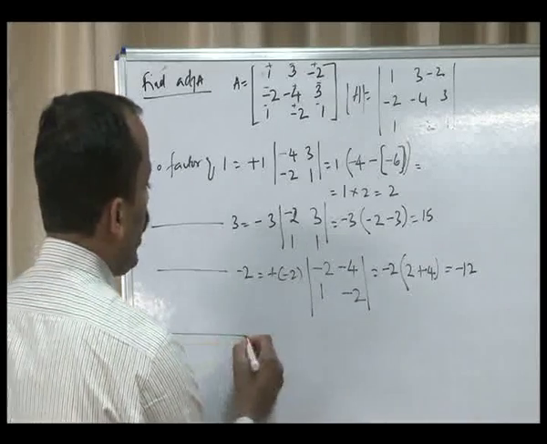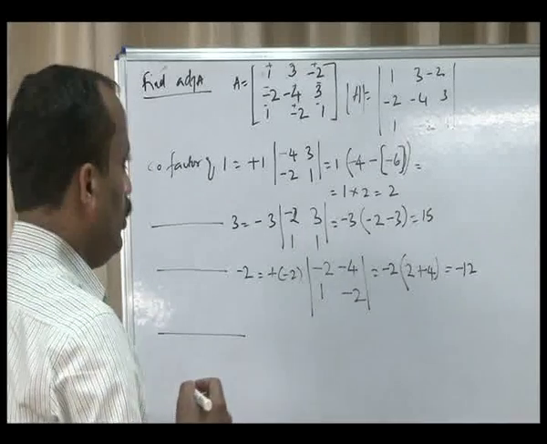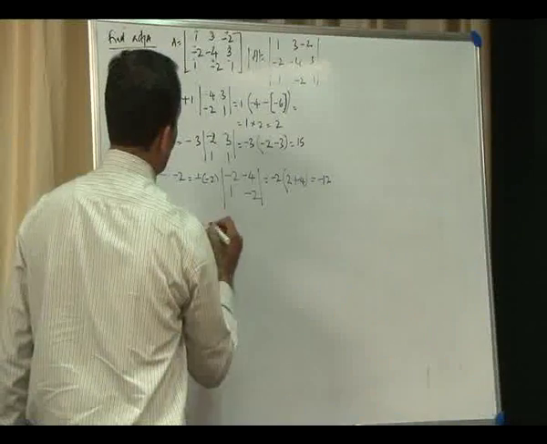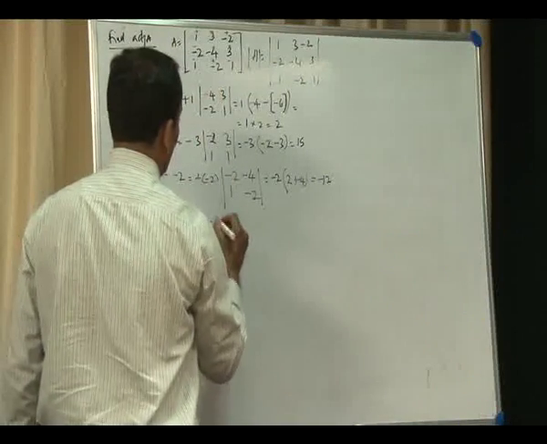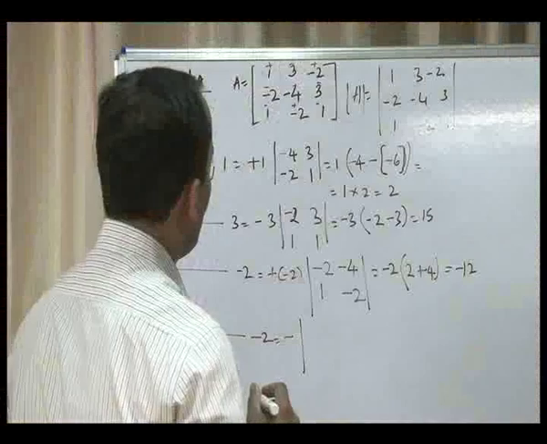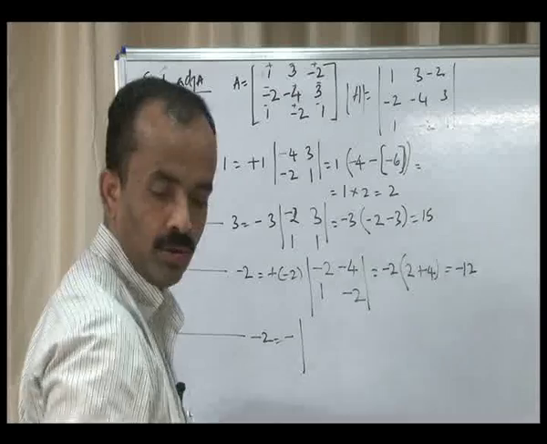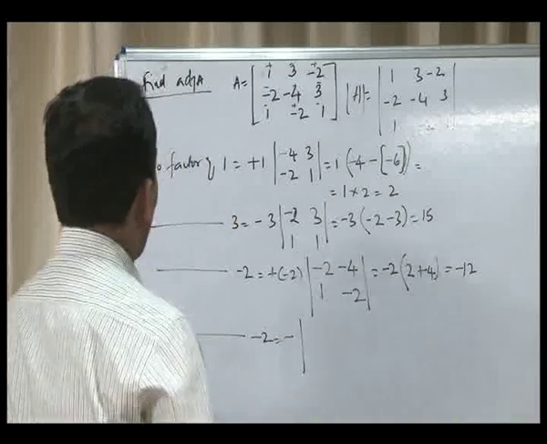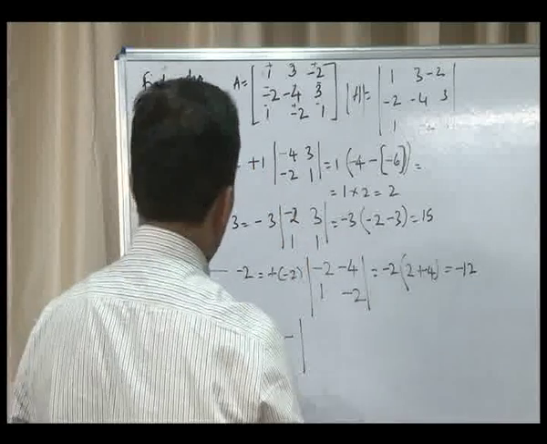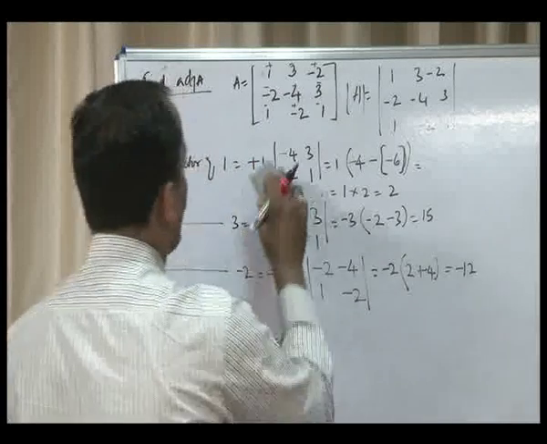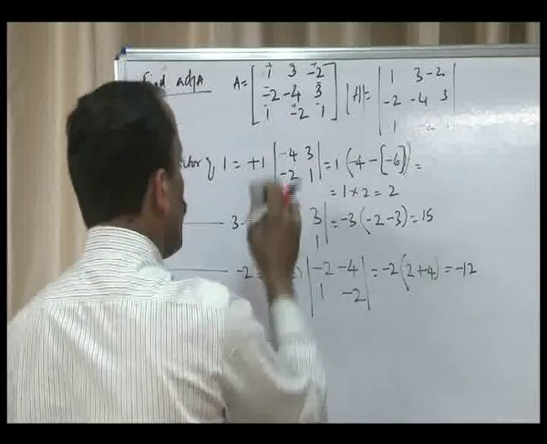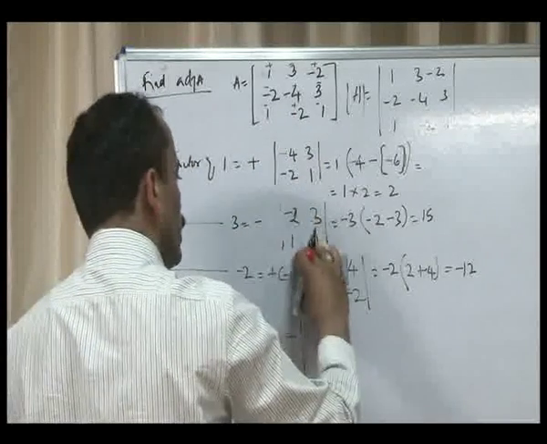Next, cofactor of minus 2. Cofactor of minus 2 again is equal to minus into. Just a minute. This is just a sign we have to multiply by, not a number.